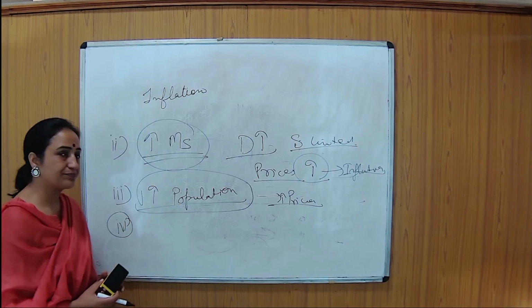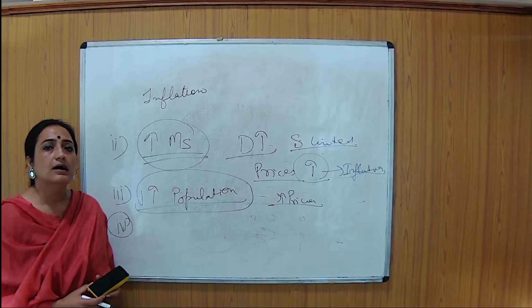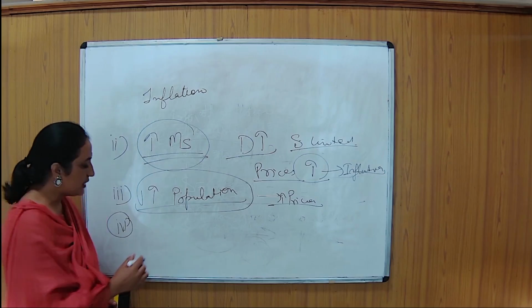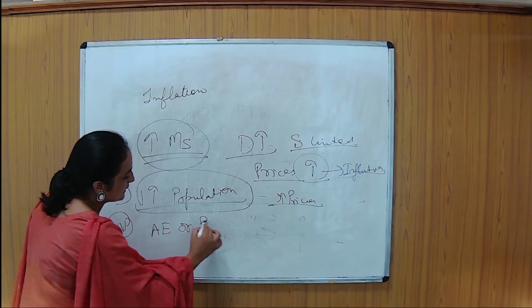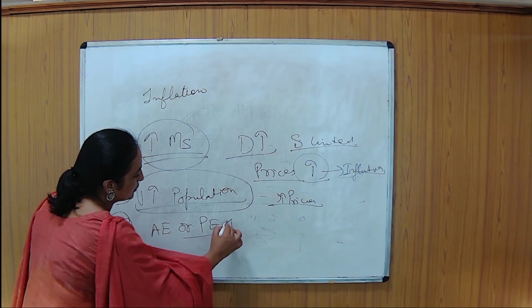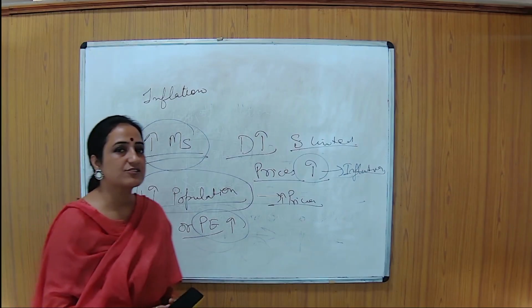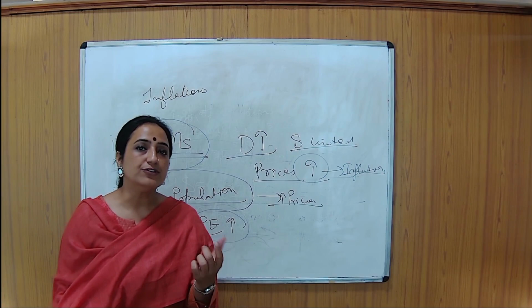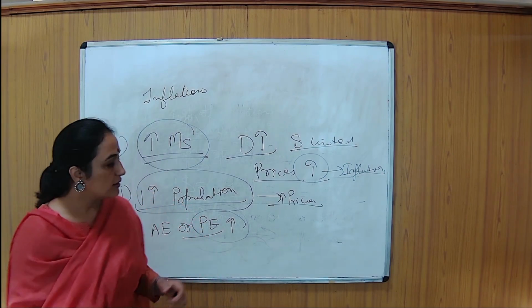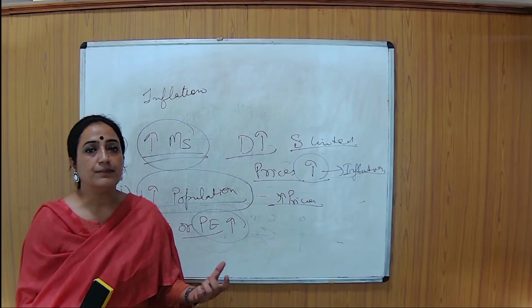Next one, that is aggregate expenditure, or you can say public expenditure. When we are going to increase public expenditure, it means government wants more investment. Why does government want more investment? Because government wants more income.